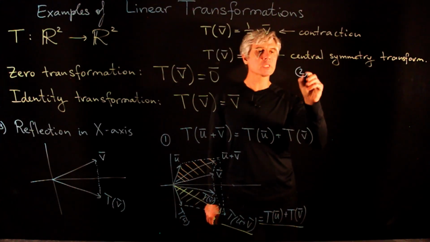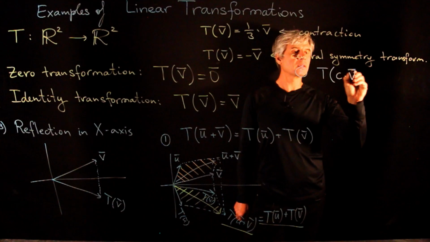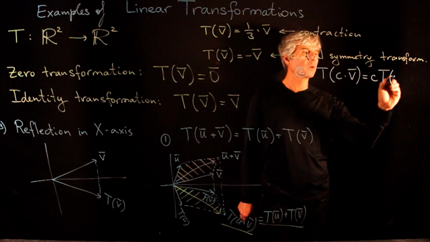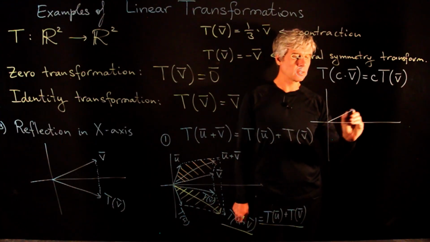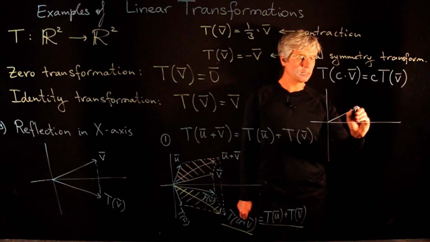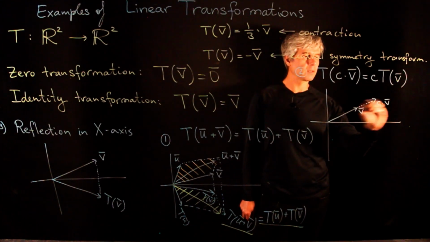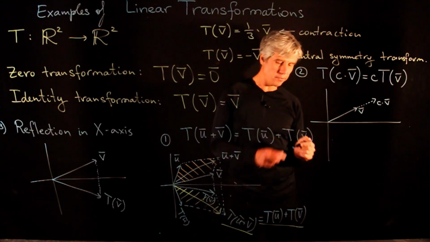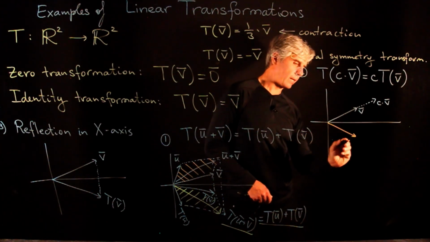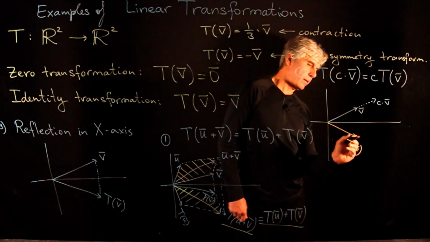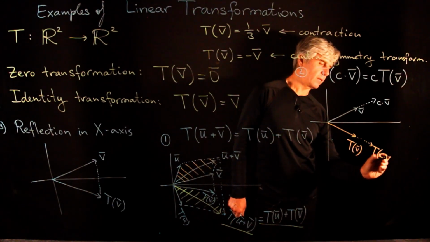The same can be done for scalar multiples, right? Here we need to check that T of c times v is equal to c times T of v. If we have a vector v and we take its scalar multiple, c times v, then if we reflect both vectors, here we get T of v, and here we get T of c times v.